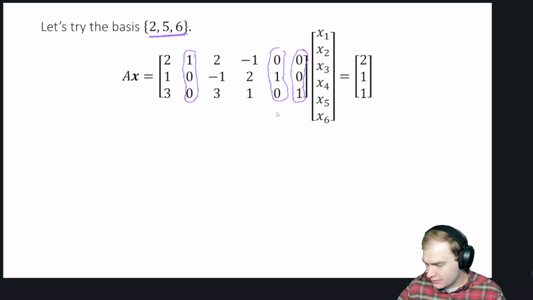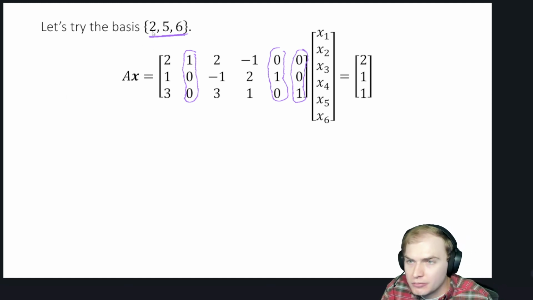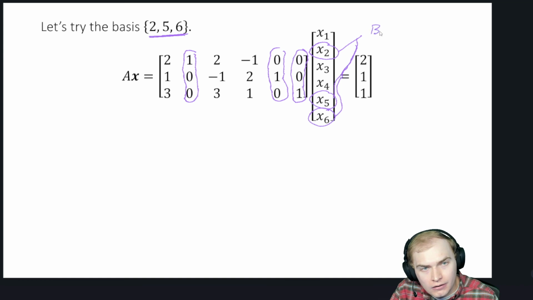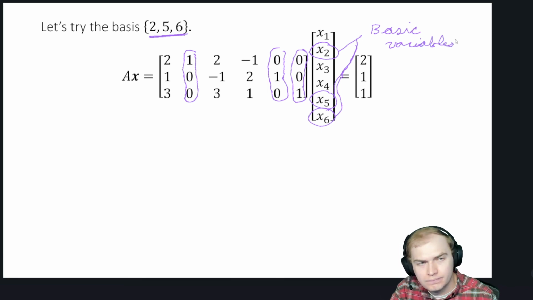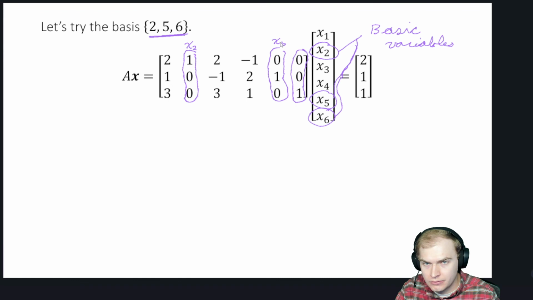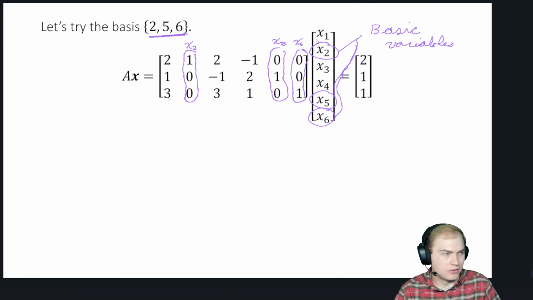So we're going to start a little differently, and we're going to recognize that x2, x5, and x6 are basic variables, because, of course, we multiply those columns by x2, x5, and x6 when we're doing our matrix multiplication.